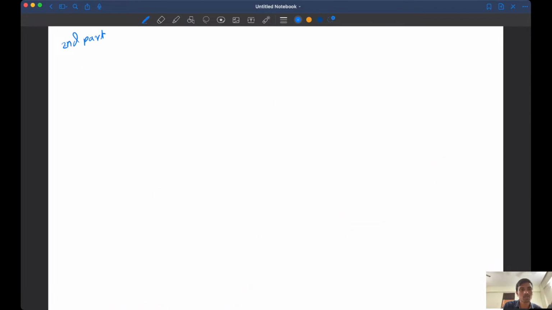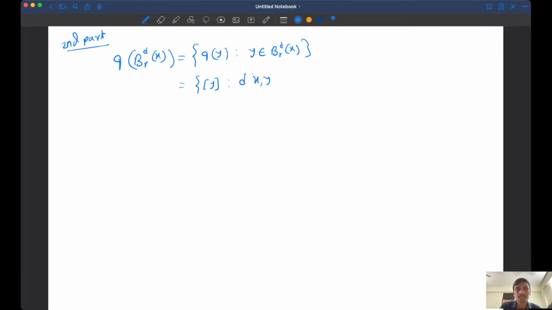Second part: Q of B_r^d(x) consists of Q of y such that y belongs to B_r^d(x). But Q of y denotes the class, and this means d(x,y) is less than r.